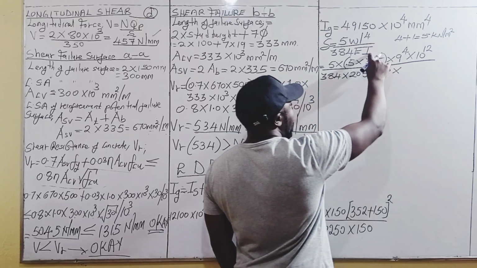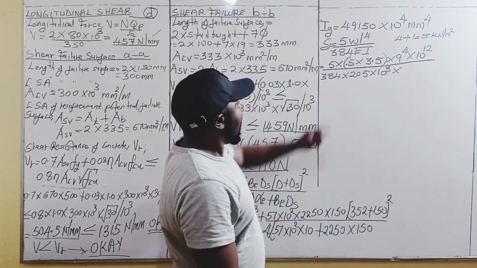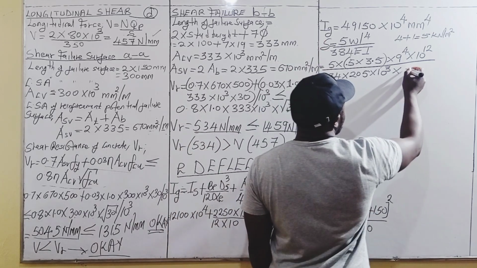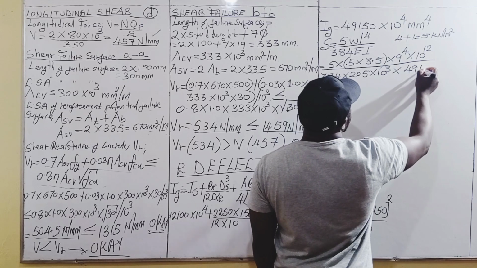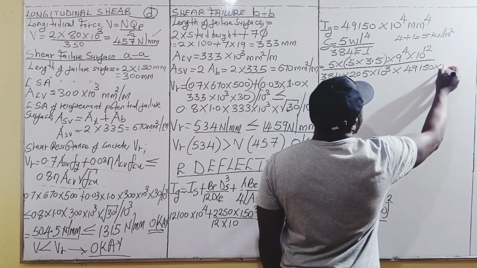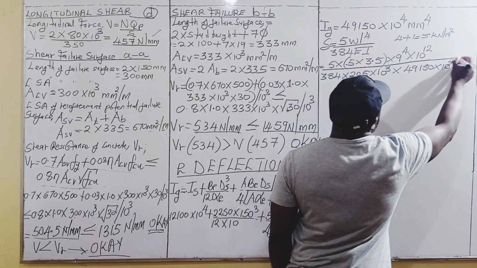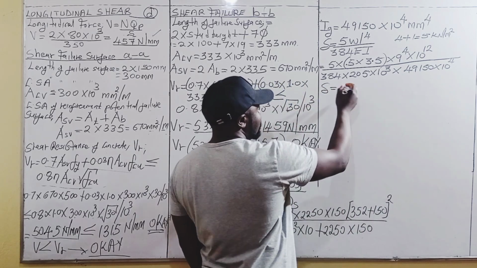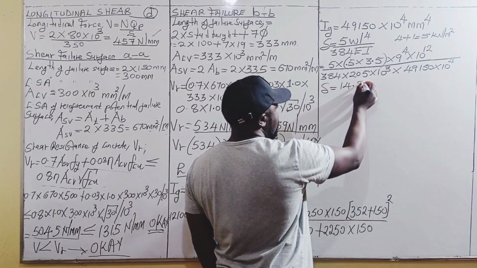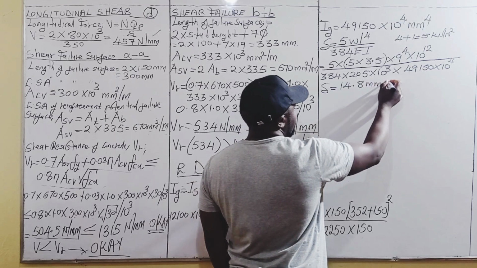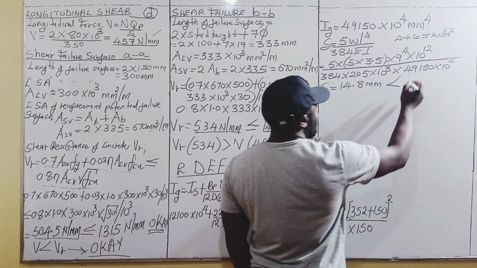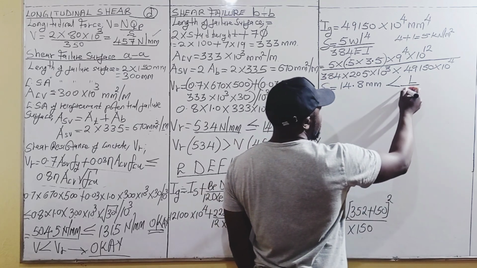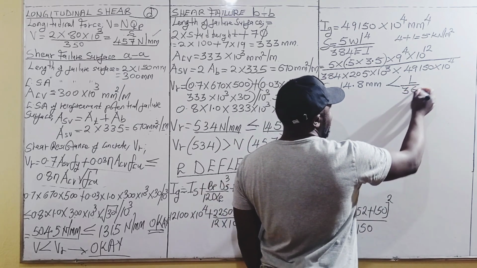Then we multiply by I, which is the IG, the gross second moment of area that we have obtained here. That is 49,150 times 10 raised to the power of 4. And when we carry out that calculation, it is going to give us 14.8 millimeters. This should be less than L, the span of the beam section, divided by 360.